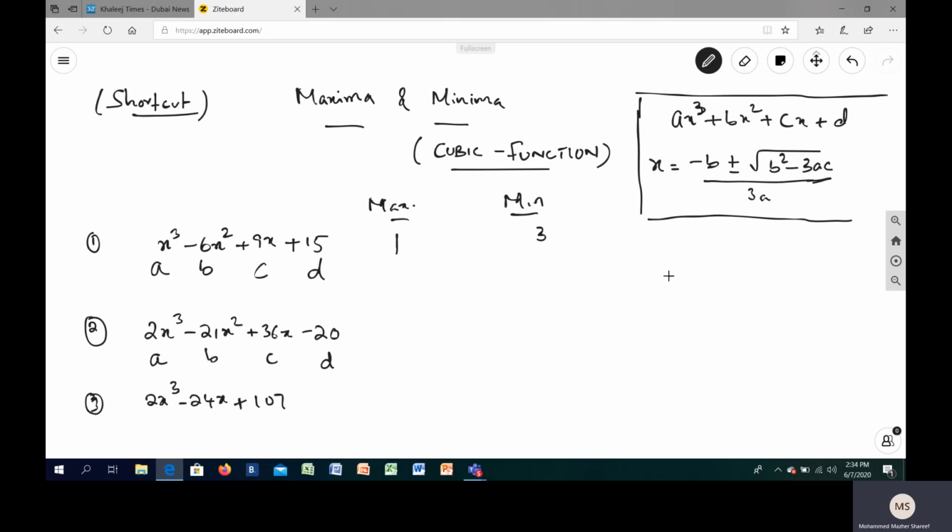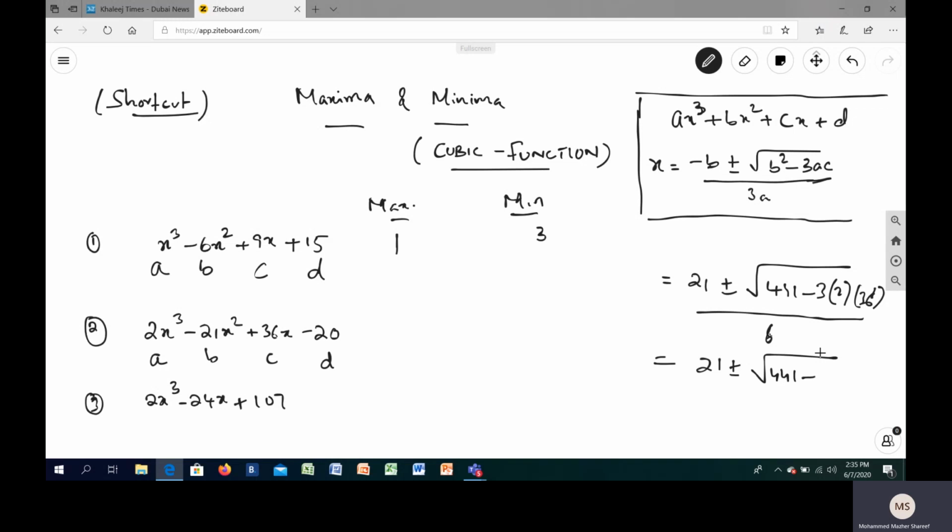Just plug into this formula: negative 21 makes it positive, plus or minus the square root of 21 squared, which is 441, minus 3 times a, which is 2, times c, which is 36, whole divided by 3 times a, that is 6. Upon simplification, 6 into 36 gives 216, so 441 minus 216 is 225 under the root, over 6, and the root of 225 is 15.